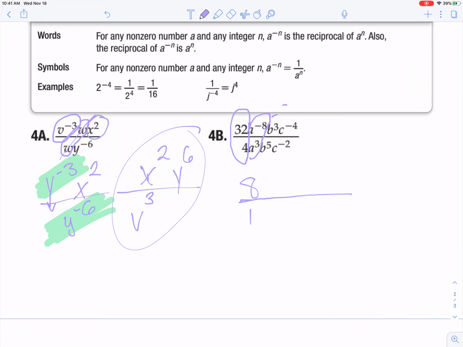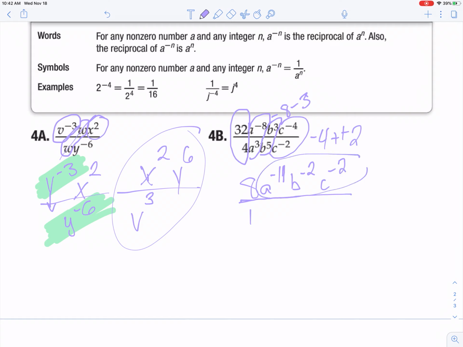So negative 8 minus 3 is negative 11. And then we have 3 minus 5, which is negative 2. And then we have negative 4 minus a negative 2 is a double negative to give me negative 2 again.